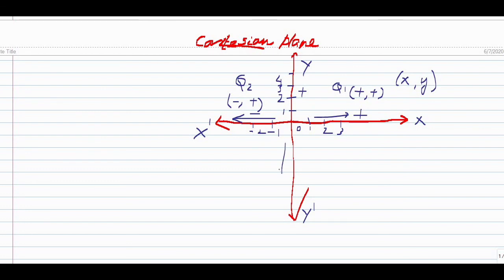Quadrant 3 has x negative and y negative. And quadrant 4, in which x is positive and y is negative.